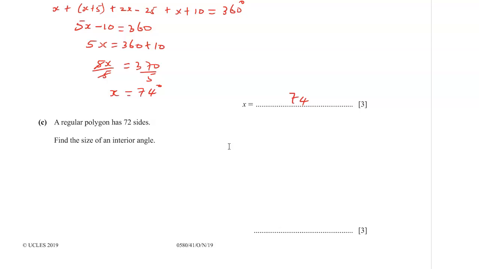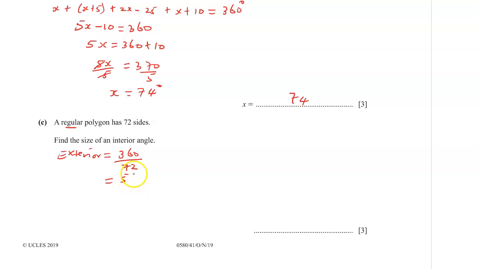C. A regular polygon has 72 sides. Find the size of an interior angle. We know that the exterior angle of a regular polygon is equal to 360 divided by the number of sides, and the sides here are 72. Therefore, 360 divided by 72 gives us 5 degrees.